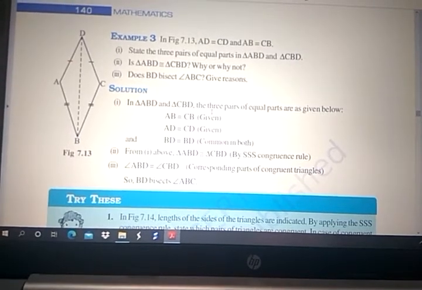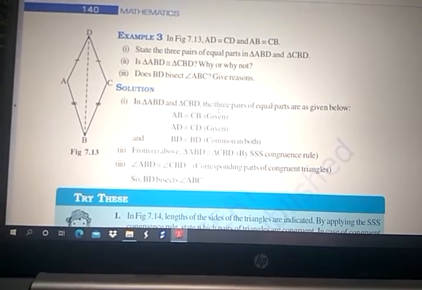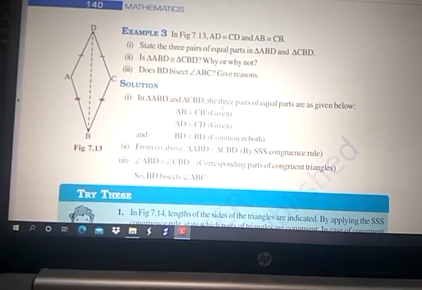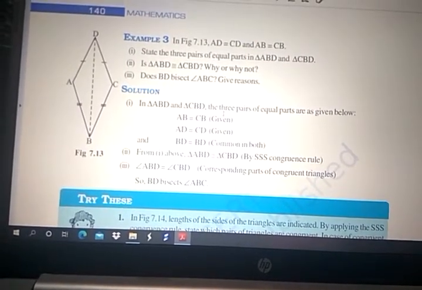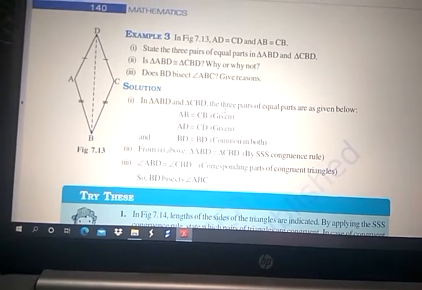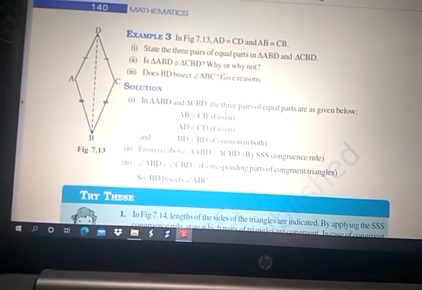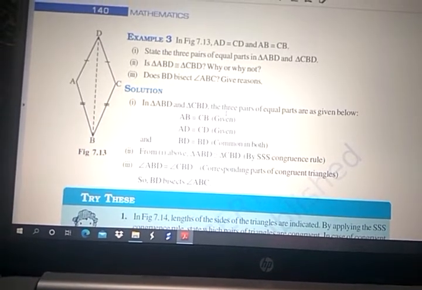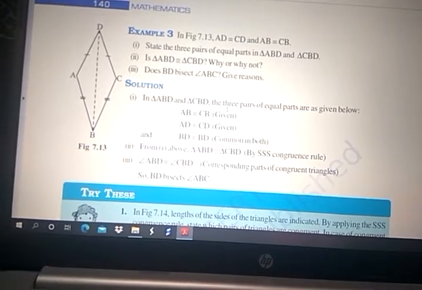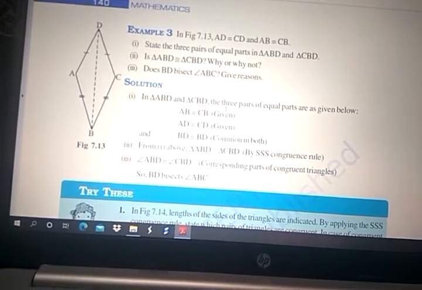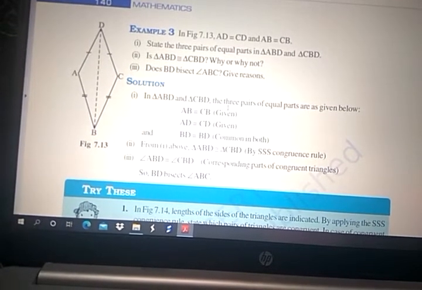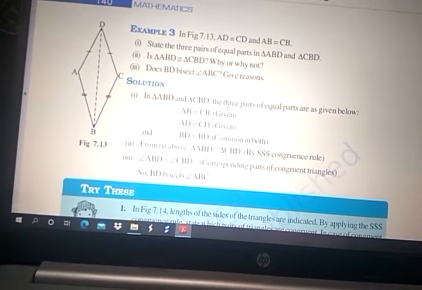So now the first answer is, you see that in ABD and CBD, three pairs of equal parts are given. AB is equal to CB, which is given. AD is equal to CD, it is given, and BD is equal to BD, it is our common side.